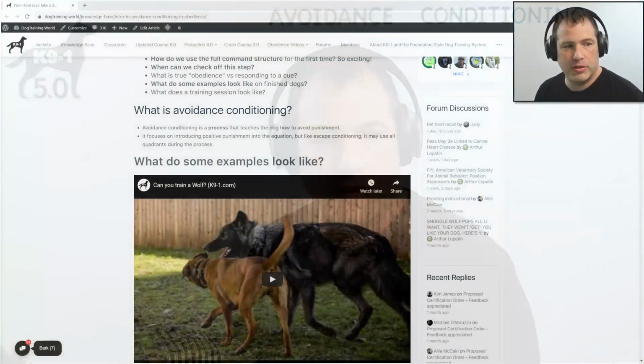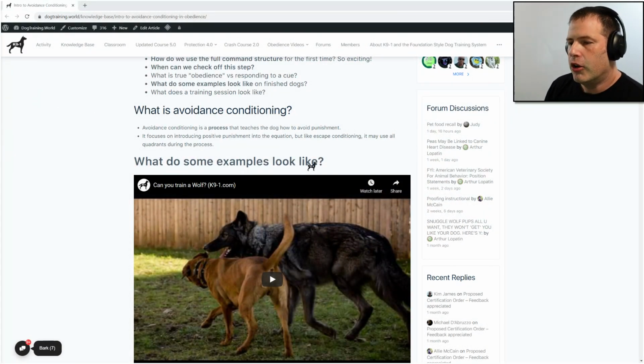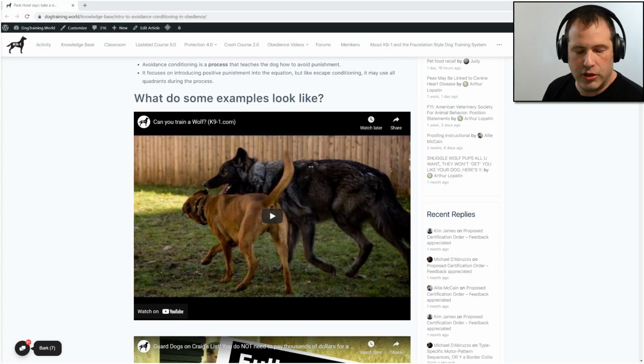So it's a very important step, and you want to make sure you have your foundation in place before you teach it. I want to start off right away with some examples. Once we visualize what that adds to the equation in dog training, it helps us visualize the process and why we're doing each step.